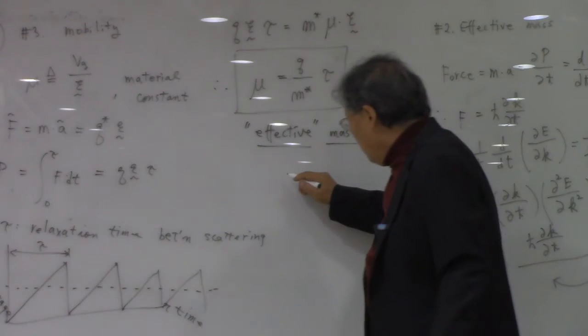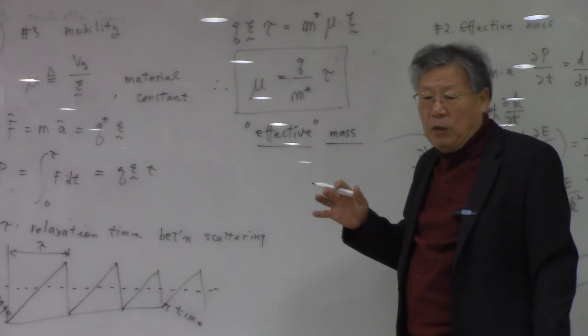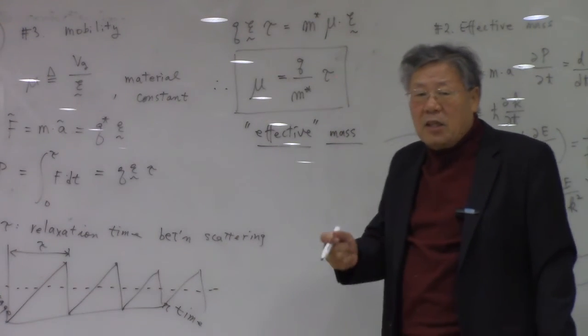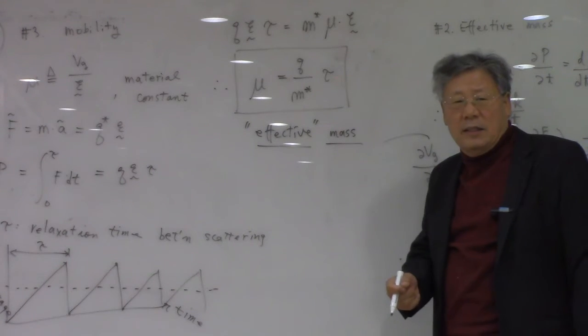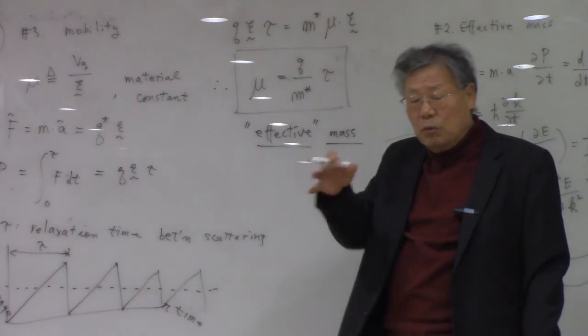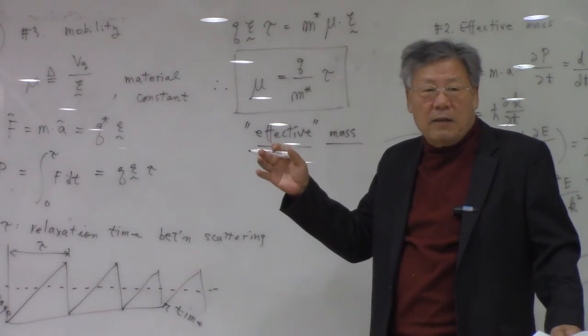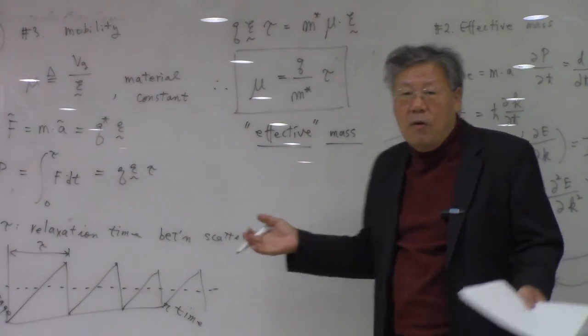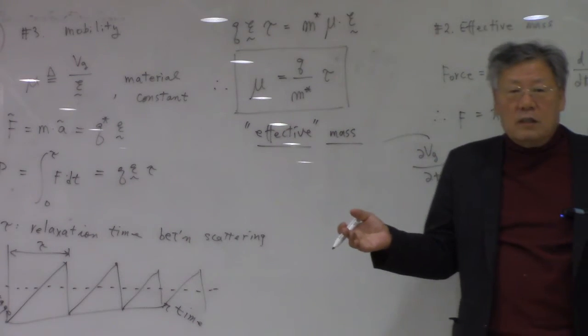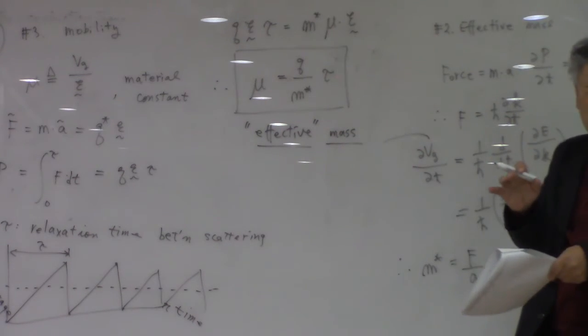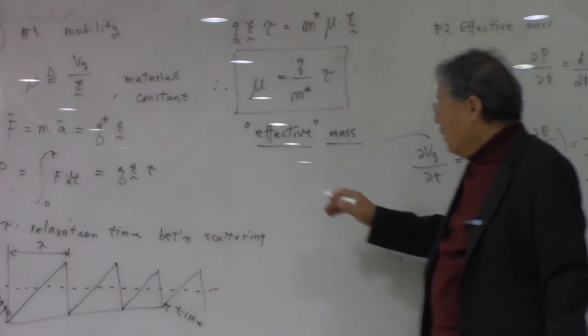When you measure the mass of an electron, it is so light, something like 10 to the minus 19, right? There is no tool in the world to measure that light a substance.